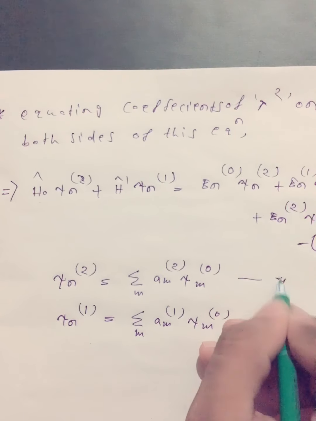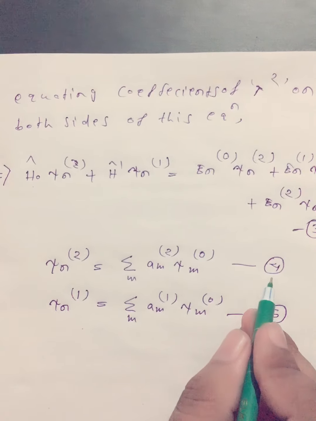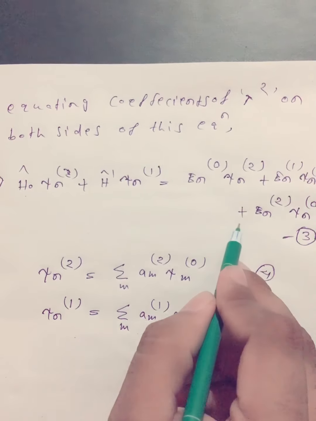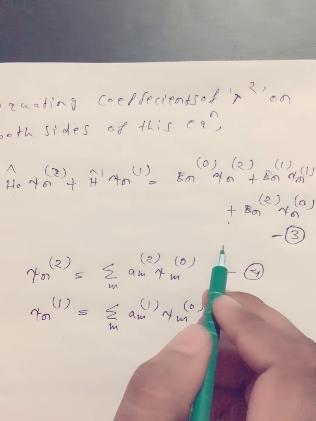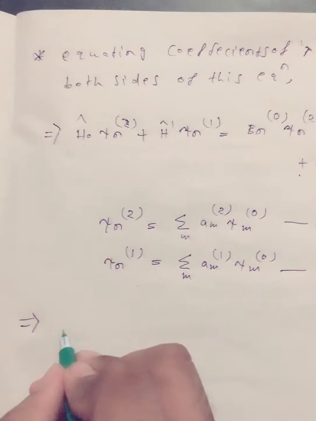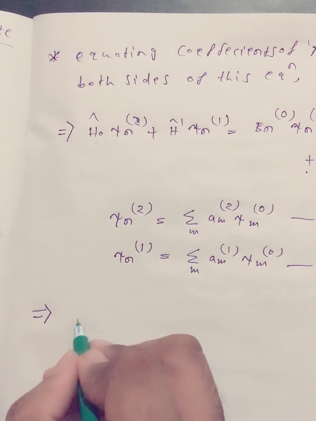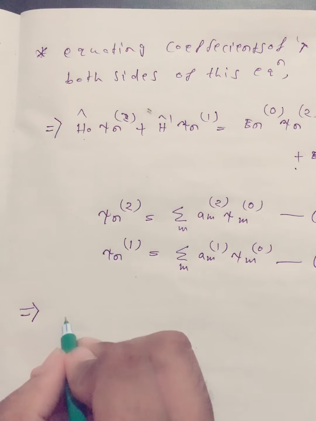This is equation number 4 and this is equation number 5. After putting equations 4 and 5 into equation number 3, you can get the final equation.